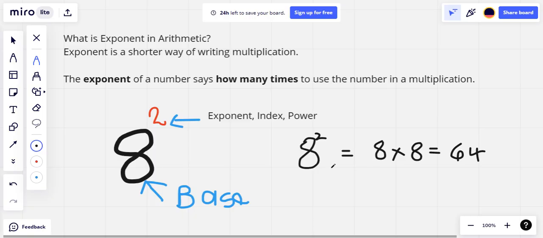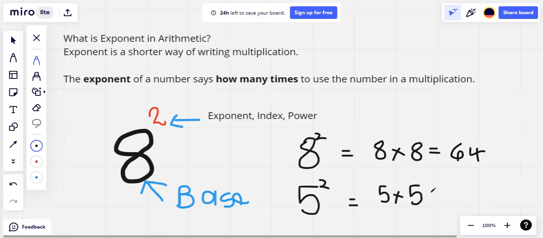So let's try another one. Let's look at this one. 5. Okay, 5. And we say 5 squared. All right, 5 squared. Let's look at it. It's 5 multiplied by 5.